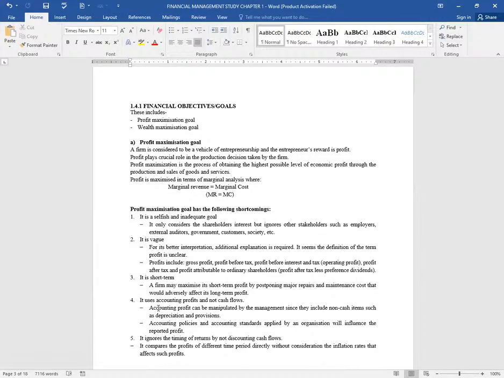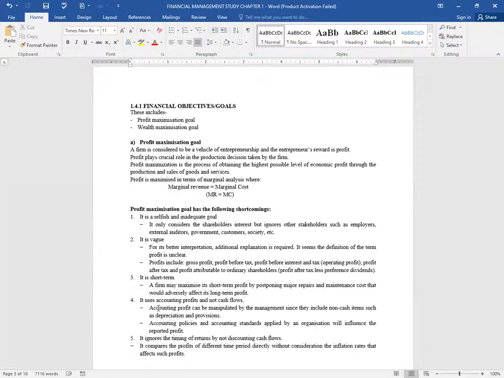And for this kind of short-term goal, what it implies is that most managers will sacrifice all activities that may not bear fruit immediately. All activities which will benefit us down the line, even 10 years down the line, will be sacrificed.